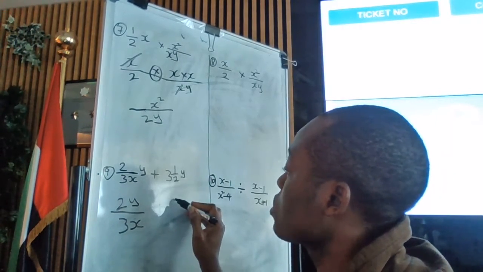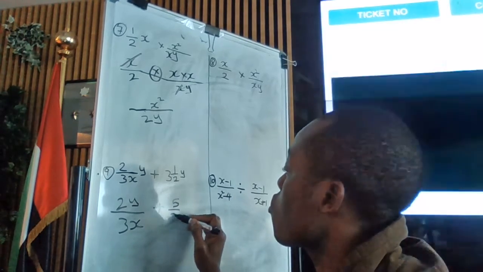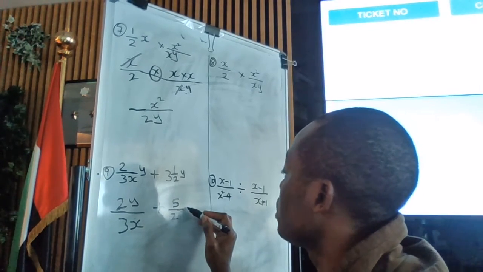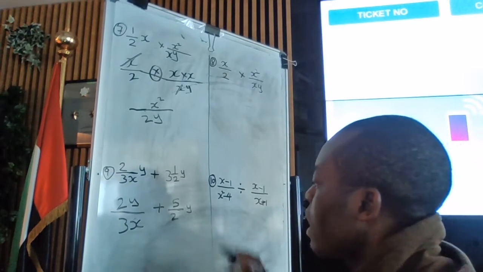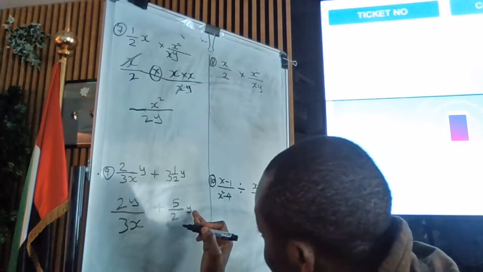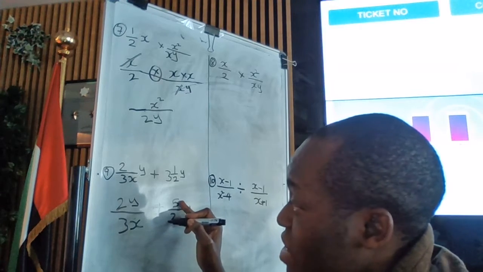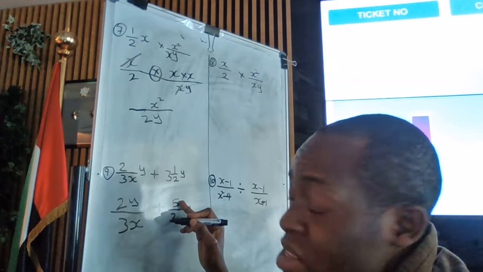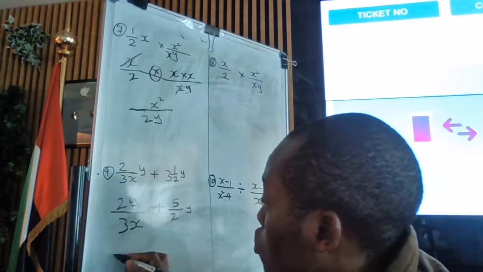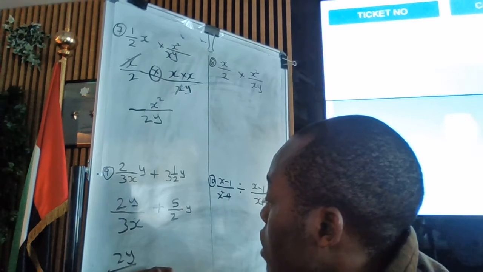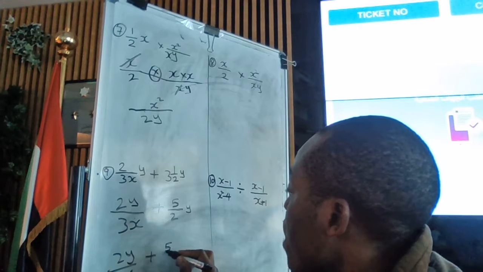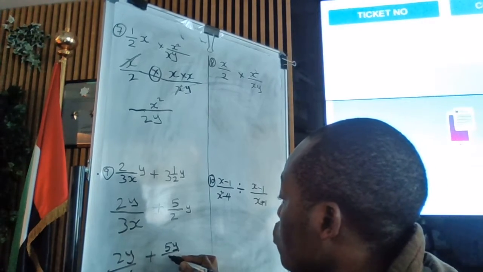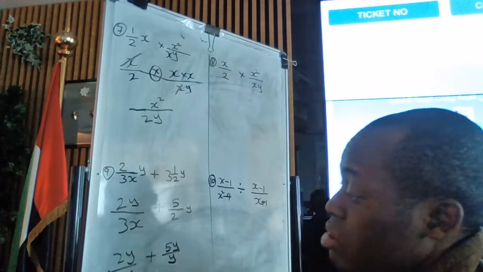That is, we now have 5 over 2. The y is here. Now, this y is still the same thing as having it here. That is 2y over 3x plus this one is 5y over 2. That is just it.